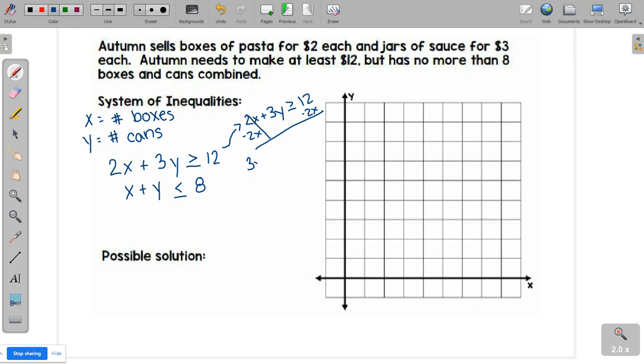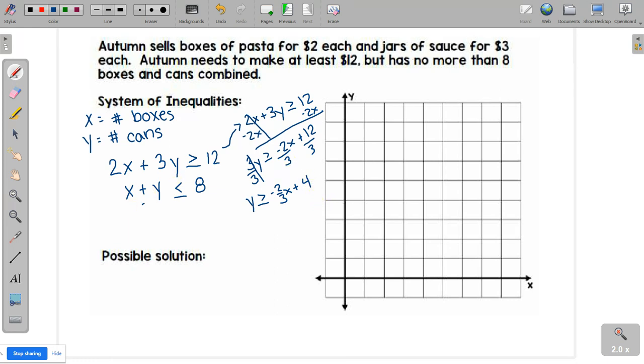We get 3y greater than or equal to negative 2x plus 12. Divide both sides by 3. y is going to be greater than or equal to negative 2/3 x plus 4.